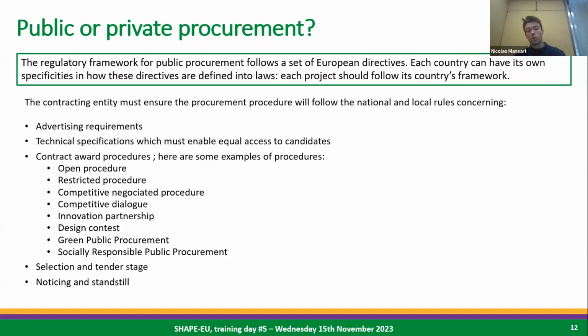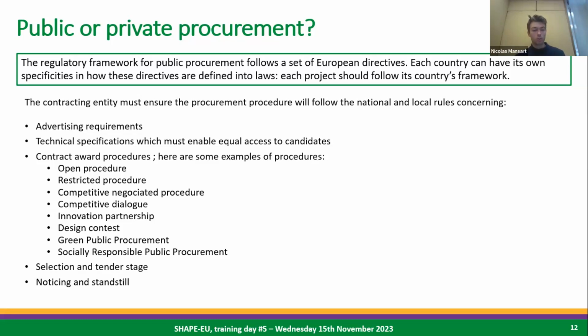And two other types of procurement that are a bit more adapted to sustainable and social goals are green public procurement and socially responsible public procurement. So, for example, green public procurement is a strategic approach to public procurement that adds environmental considerations into the purchasing process.